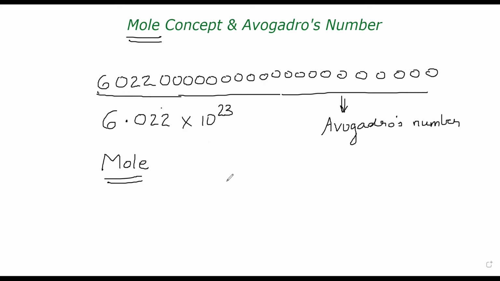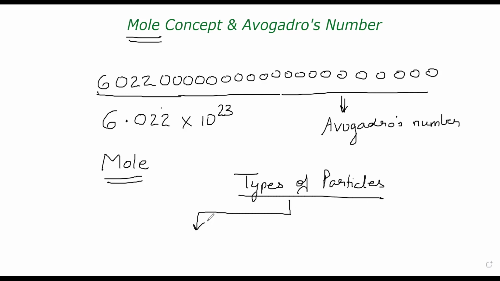So, in chemistry, the two broad types of particles that you will come across will be atoms and molecules. There will be other particles too, like ions, but these are the two broad categories that we are going to deal with in chemistry.